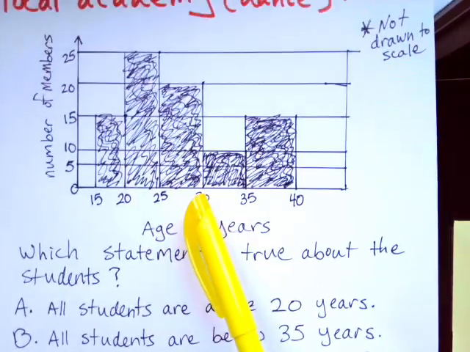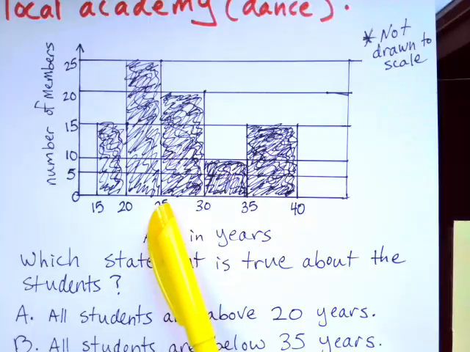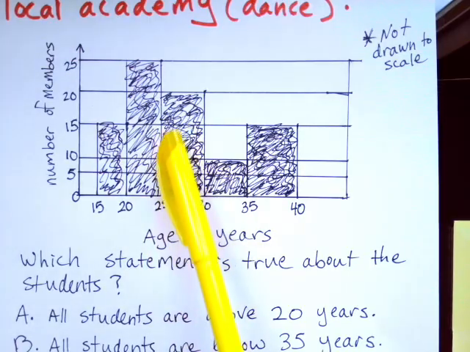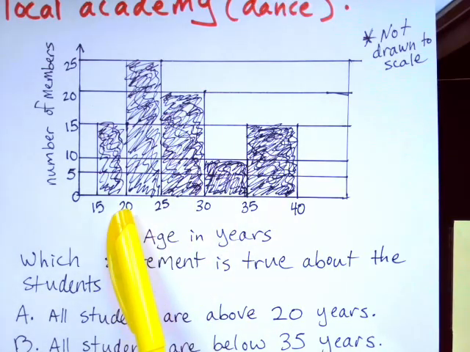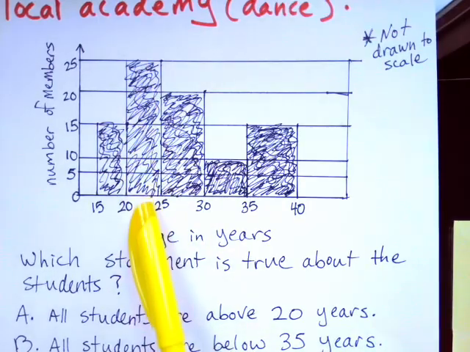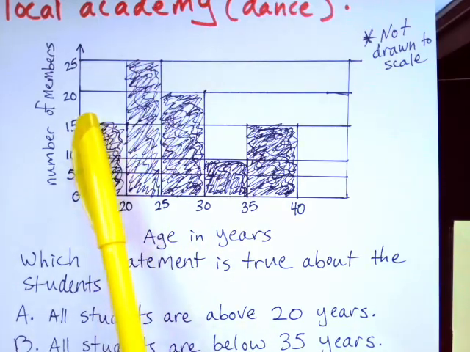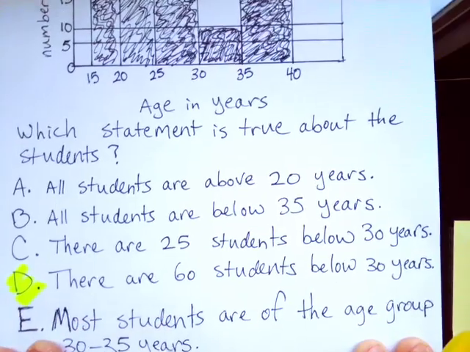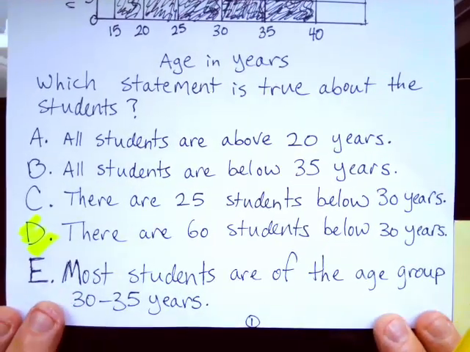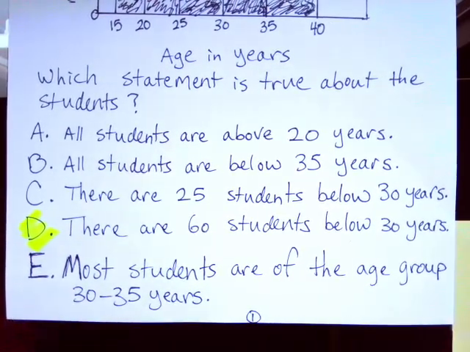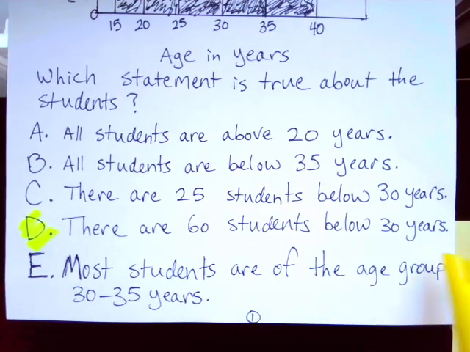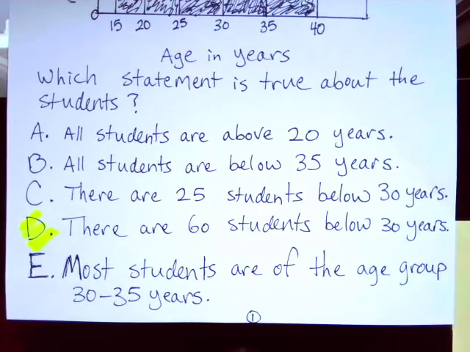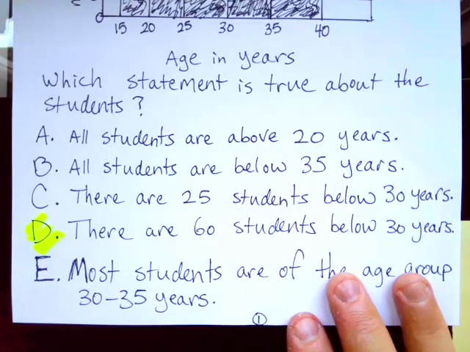Well, we know there's a lot more than that. 30 to 25 is 20. 25 to 20 is 25. 20 to 15 is 15. So your answer for this particular problem will be answer D. There are 60 students below the age of 30 years old.